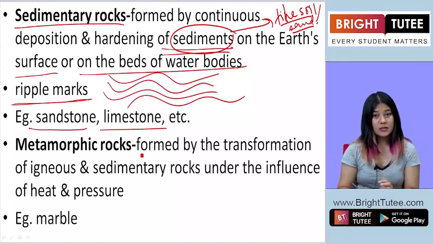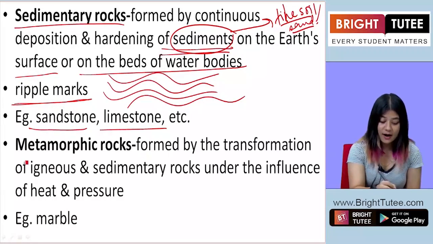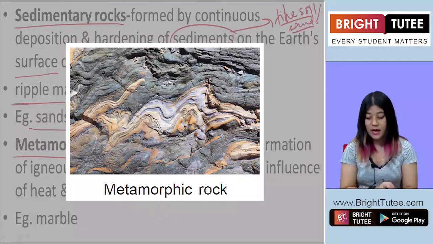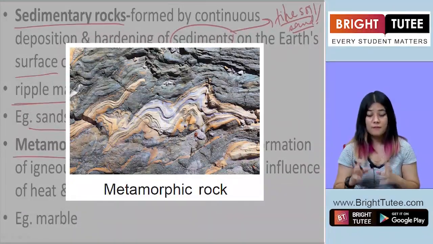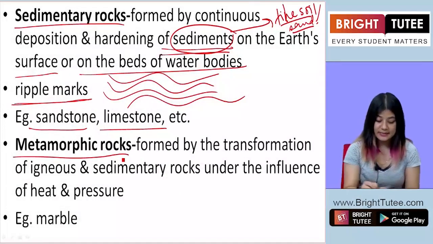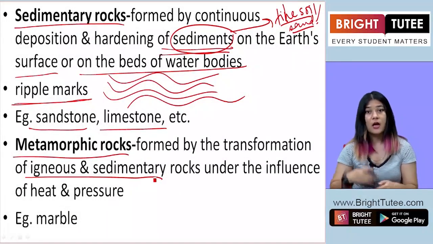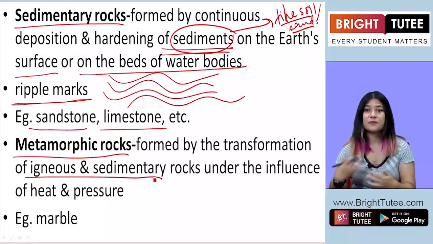Now, coming to the third type of rocks. These are metamorphic rocks. Metamorphic rocks are formed when igneous and sedimentary rock goes through some transformation.